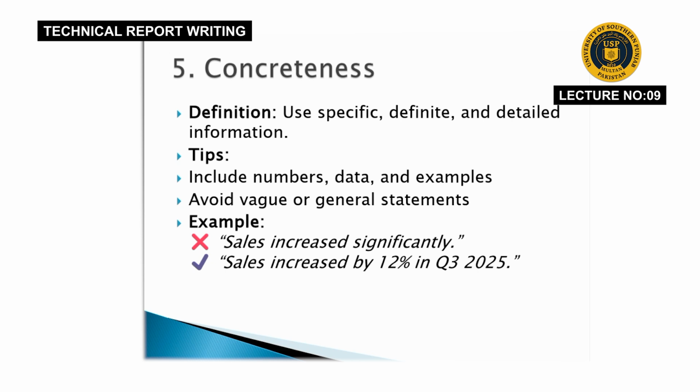Sales increased significantly, while the second sentence says sales increased by 12% in Q3 2025. As you can see in the second example, this provides more concrete information about the sales. Notice that adding specific figures makes your report more informative and trustworthy.